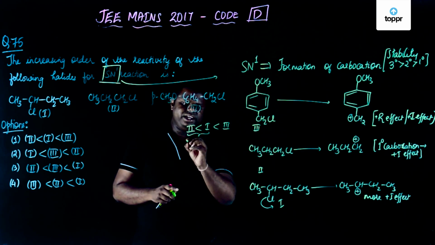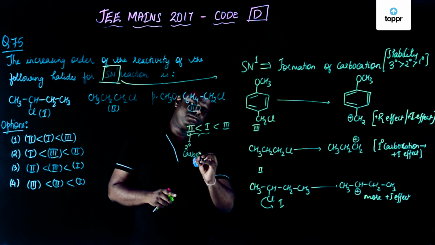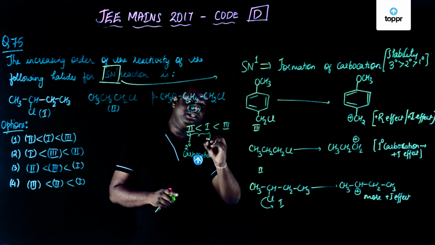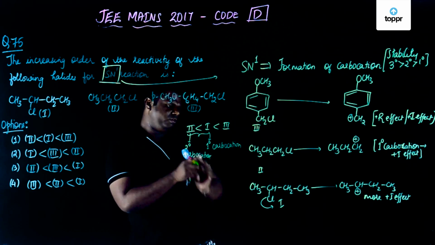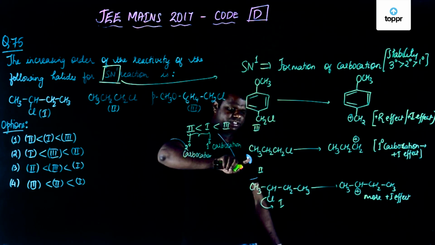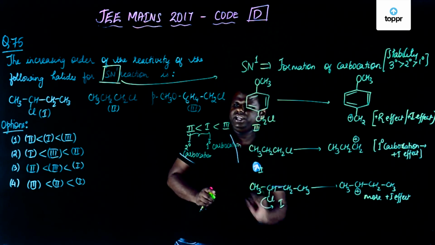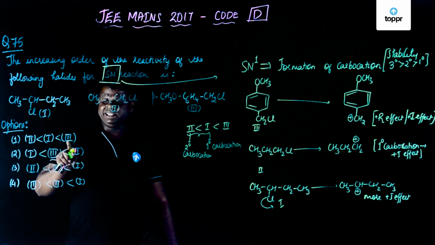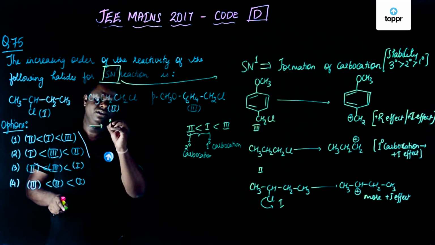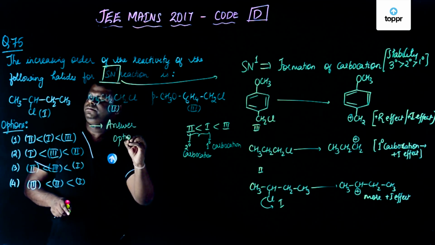The reason is that 2 is basically a secondary carbocation and 1 is basically a primary carbocation. This is why this would be the least and this the most, and the second would be this one. Let's have a look at whether we have this alternative: yes, we have 2, then 1, then 3. So the correct answer for this question is option 1.